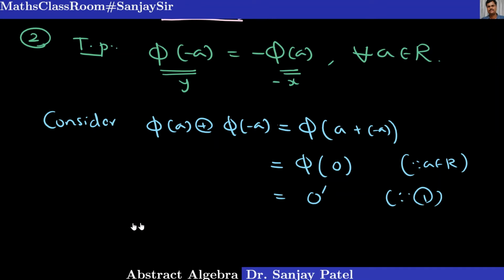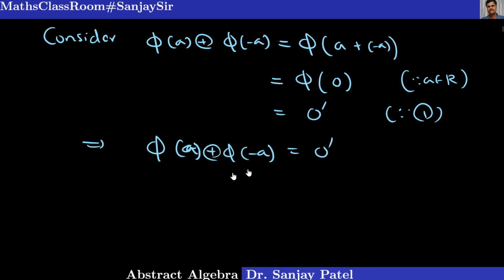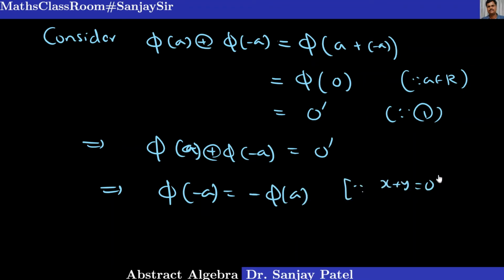So what I have proved is phi of a plus circle phi of minus a is equal to 0 dash. Whenever x plus y is equal to 0 dash, that means y is the negative of x. So this implies phi of minus a is equal to minus of phi of a. Okay, so the second result is also proved.